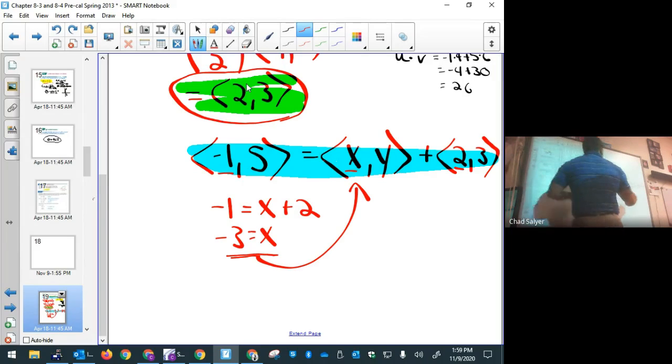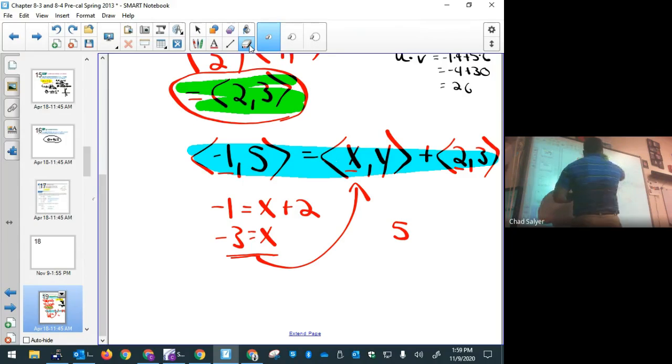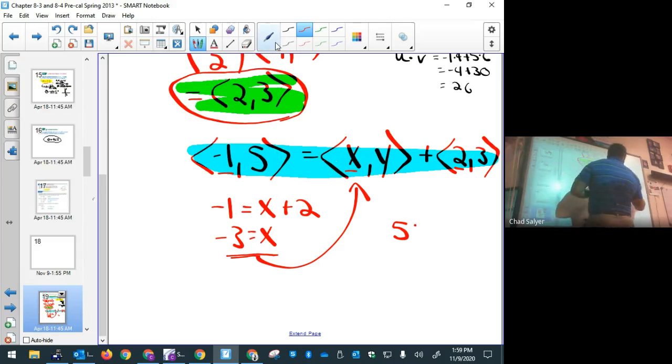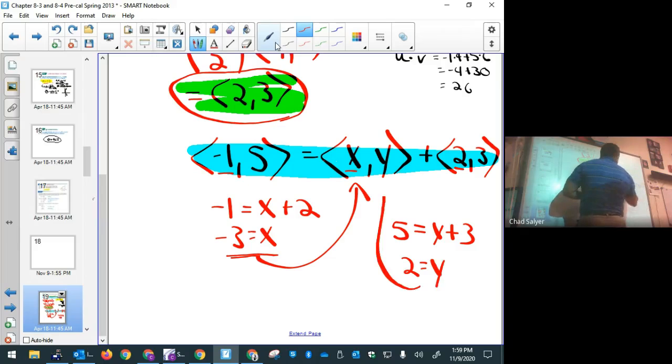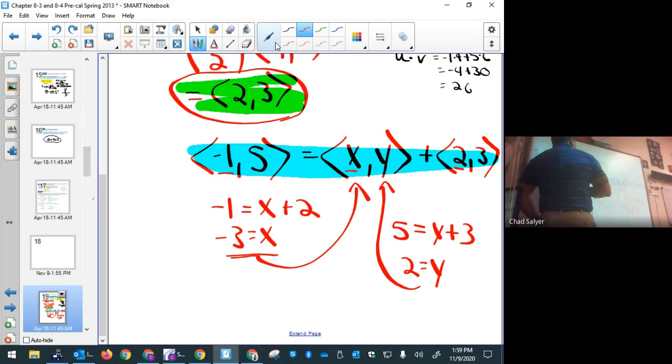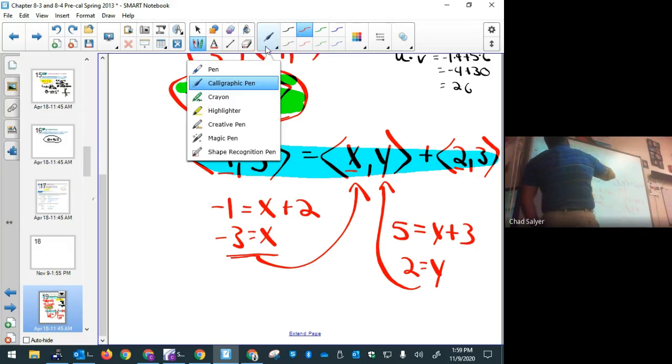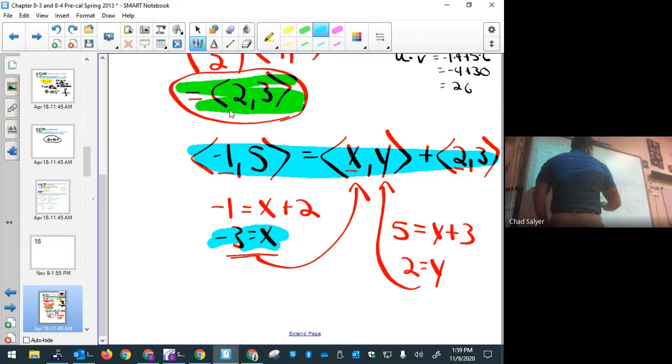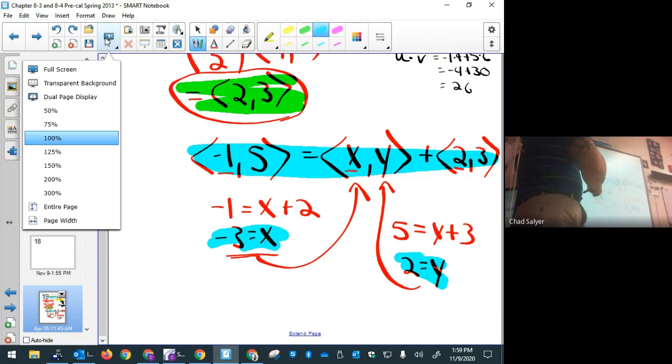And then for the y, I know that 5 equals y plus 3, and subtracting 3 from each side, 2 equals y. So there's the answer. Those are the two vectors we would sum together to get that second part.